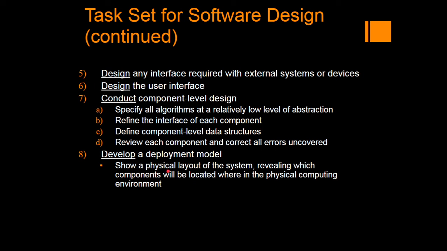That means how to make the component present in their area or in their vicinity. Show a physical layout of the system revealing which components will be located where in the physical computing environment.